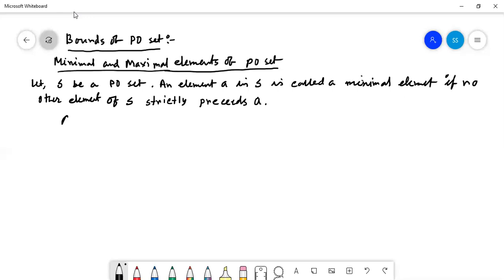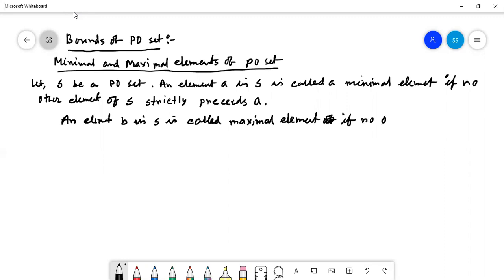Again, an element b in A is called a maximal element if no other element of A strictly succeeds b.